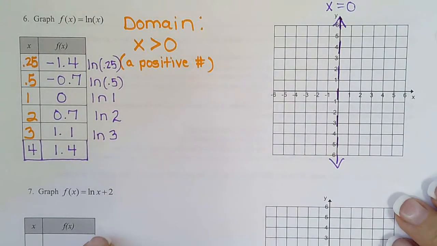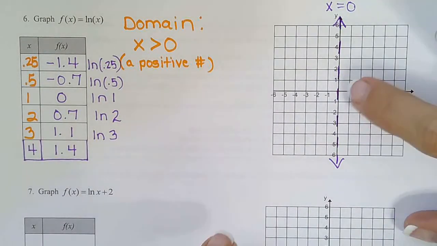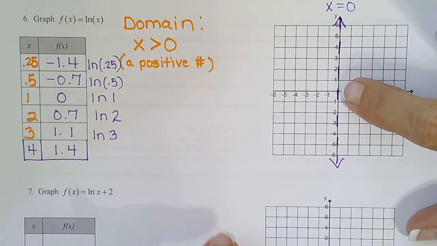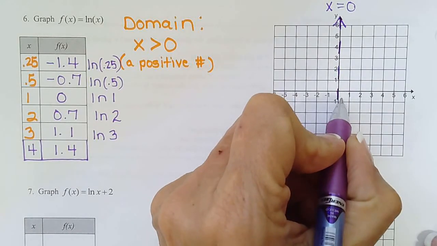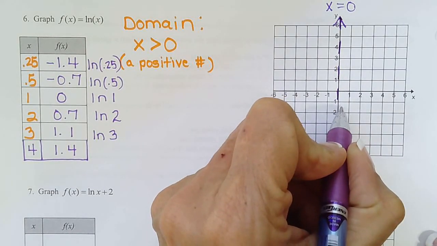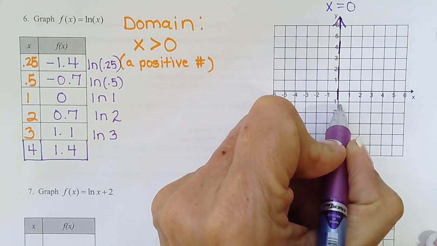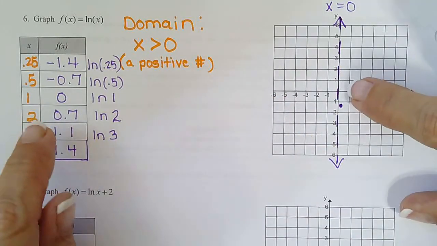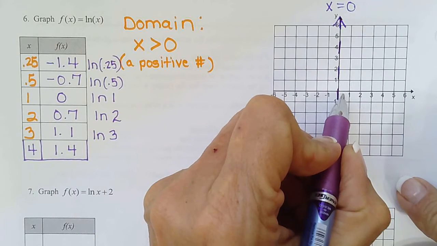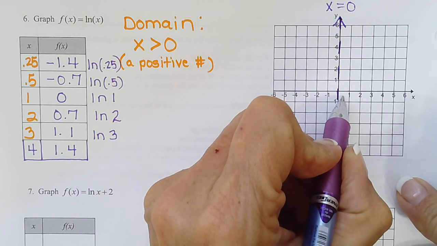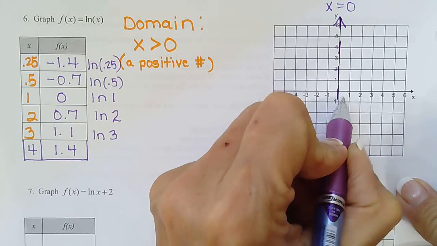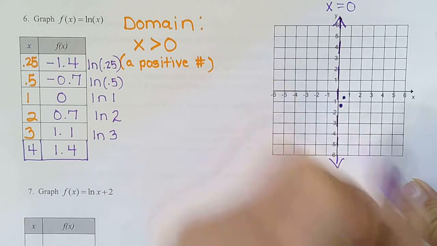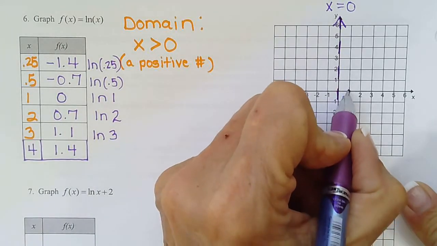Okay, so 0.25 would be about 1/4 of the way between 0 and 1, and it goes down to -1.4. So -1.5 would be in the middle, so -1.4 just a little bit higher. 0.5 goes down to -0.7. There's -0.5, so -0.7 would be about right there. 1 goes with 0.